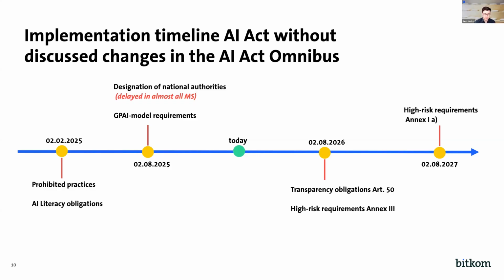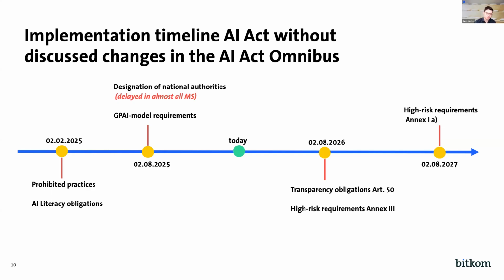We have the AI literacy obligations in place that all the deployers and providers of AI systems have to have, like a minimum competency. Then since August of this year, the requirements for the GPAI models actually apply, even though there's a grace period for sanctions connected with this. So only from August next year, there will be fines possible.